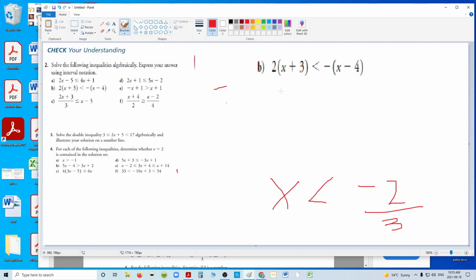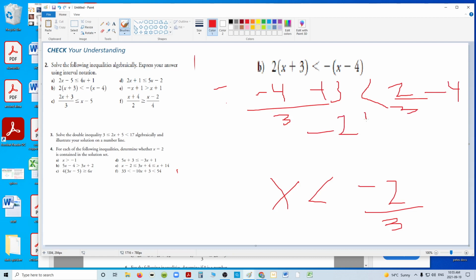So when x is -2/3 here, and I multiply by 2, I get -4/3 plus 3, smaller than, plus 2/3 minus 4. And sure enough, when I do this, I get -2 1/3 here.